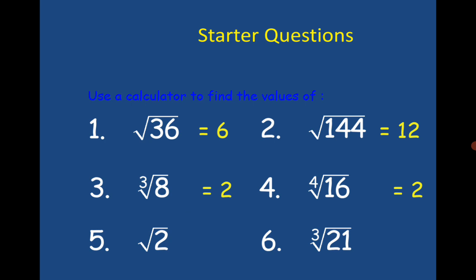The square root of 2 is approximately 1.41, and the cube root of 21 is something close to 2.76.